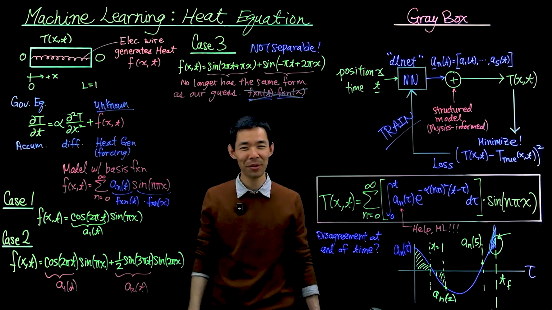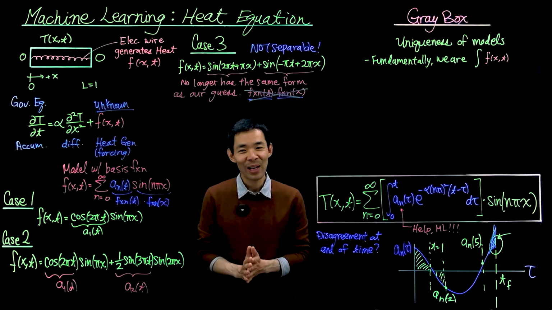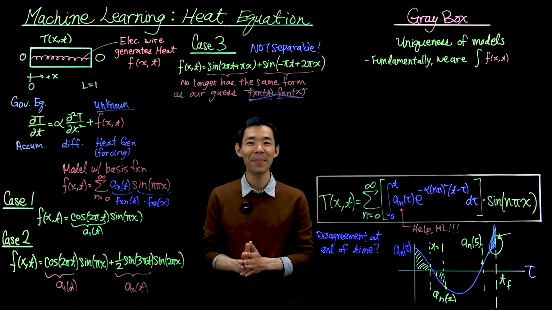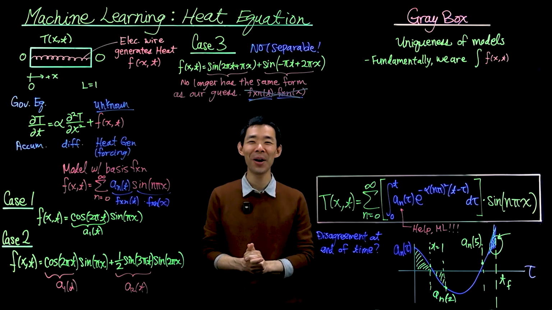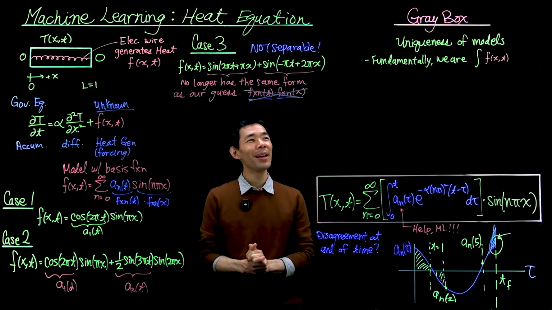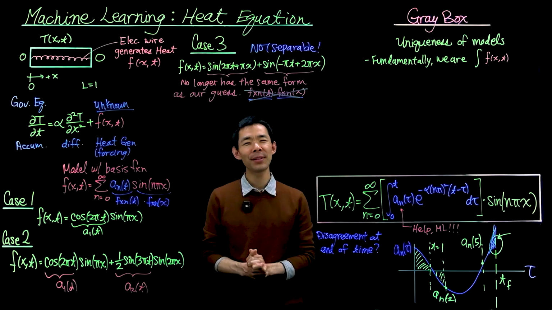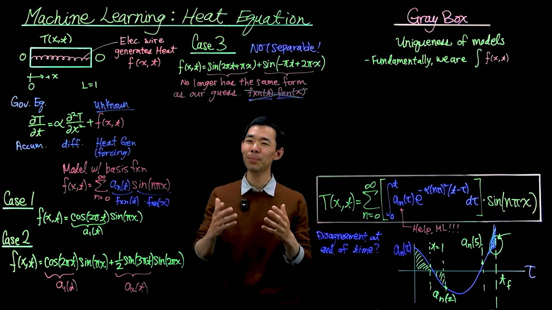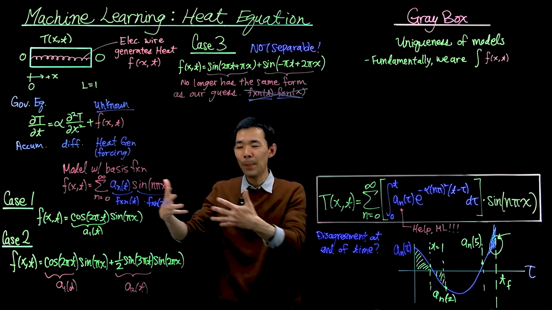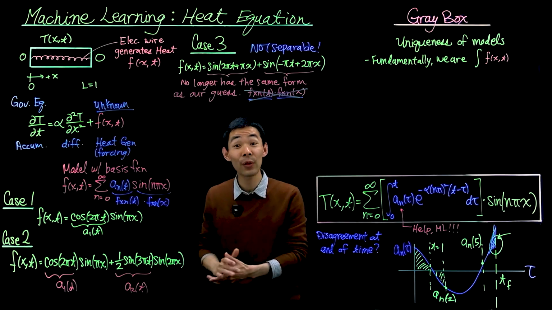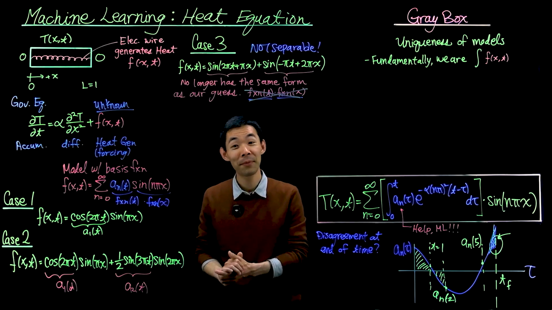Let's think about this for a little bit. I wanted to discuss an important concept, the uniqueness of models that we develop. It seems like we just produced two different functions f, but ultimately got the same answer for the temperature profile, right?